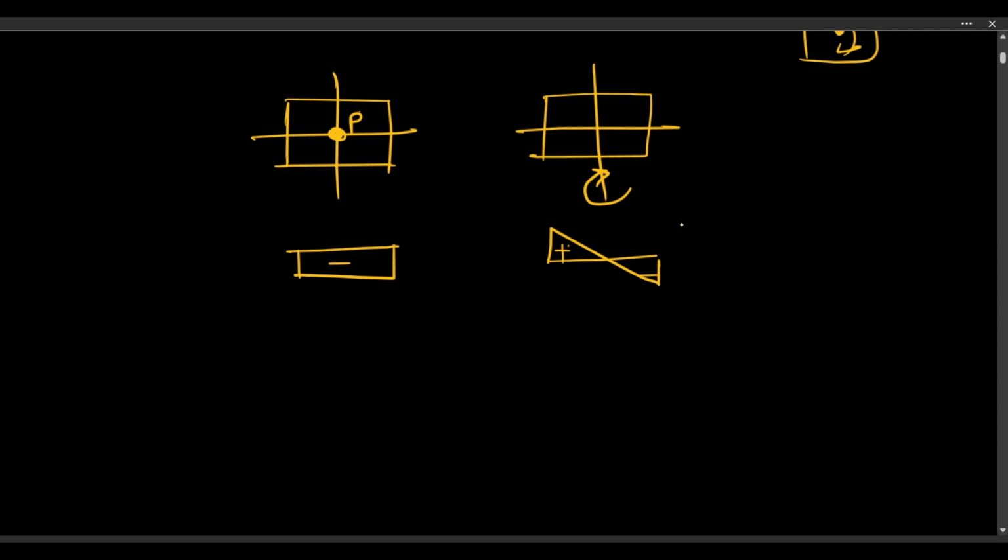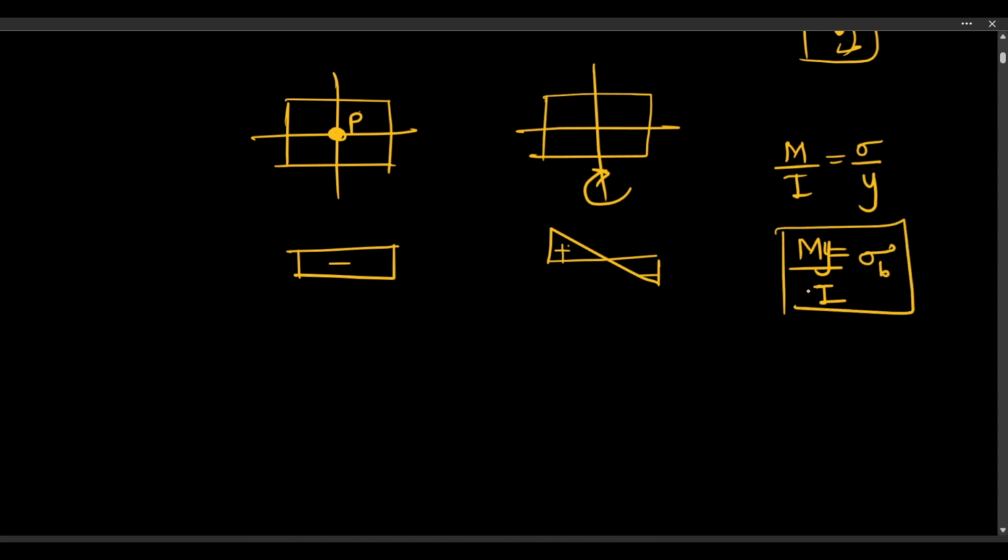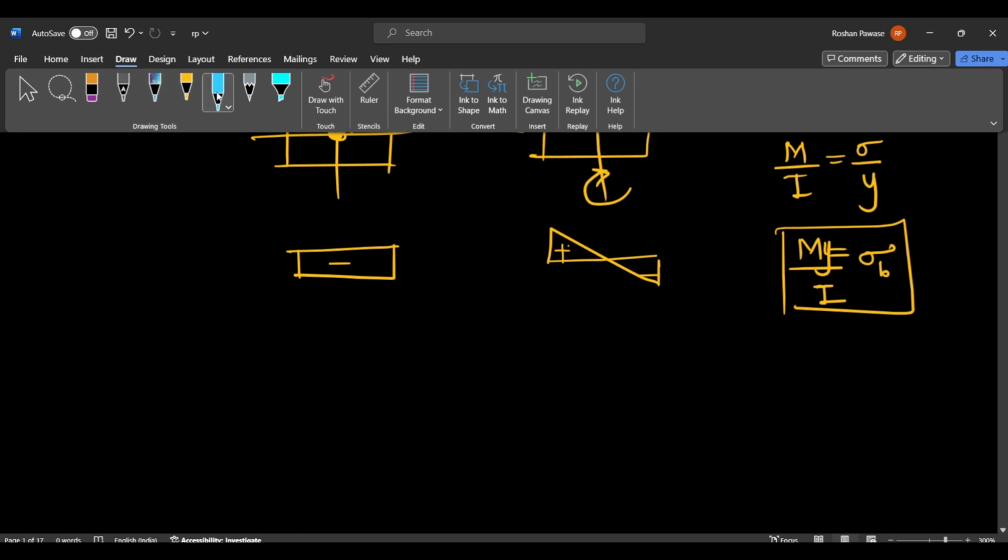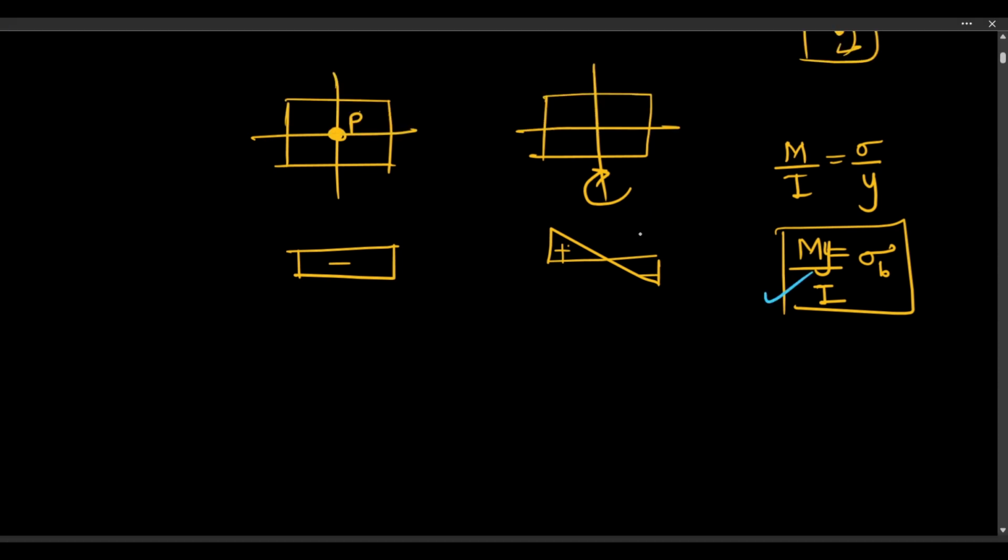We know M by I is equal to sigma by y. So bending moment into y, that is the maximum distance of the fiber from the center, upon moment of inertia is equal to sigma, and we nomenclate it as the bending stress.